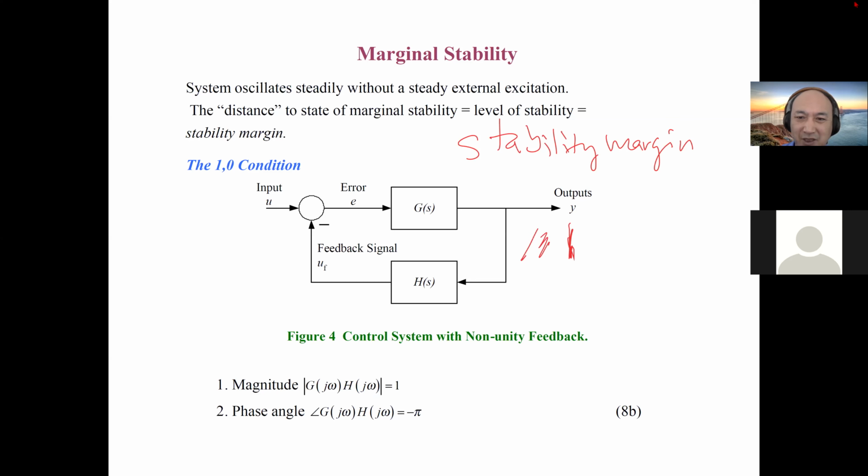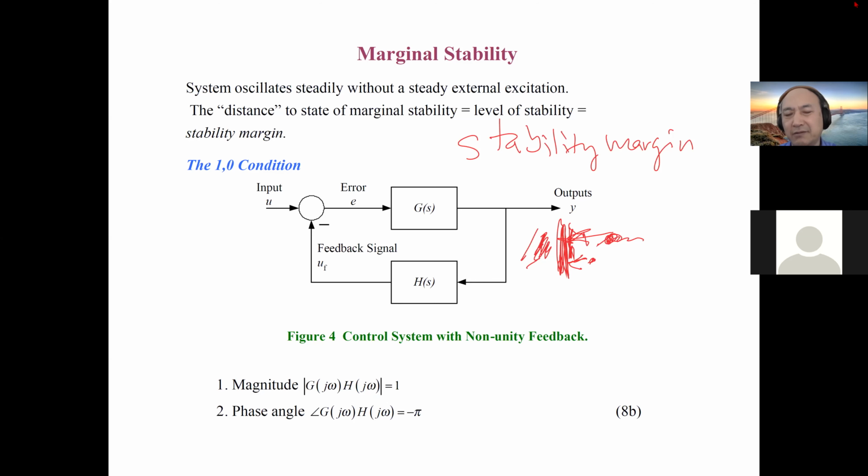This part is unstable, this part is stable. I'm stable here, I'm also stable here, but you can see my distance to the unstable boundary is different. I'm bad at writing here, but I think you know what I mean. It's about how far away you are from being unstable. That's called stability margin.